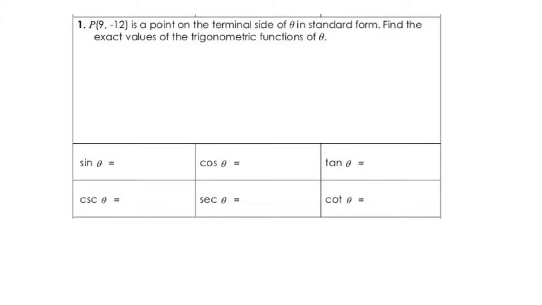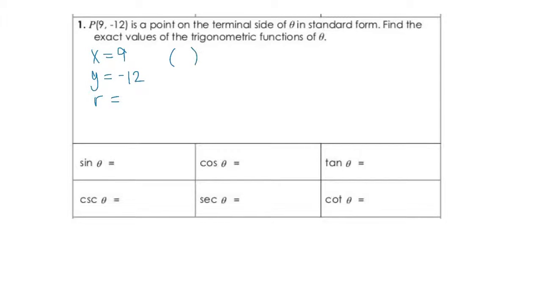All right, looking at number 1. With number 1, we know that we're given an ordered pair here. So I know x is going to be 9. I know y is going to be negative 12. And so if I knew what r was, then we could go through and list out all of our ratio values. So we're going to go back to our Pythagorean theorem.